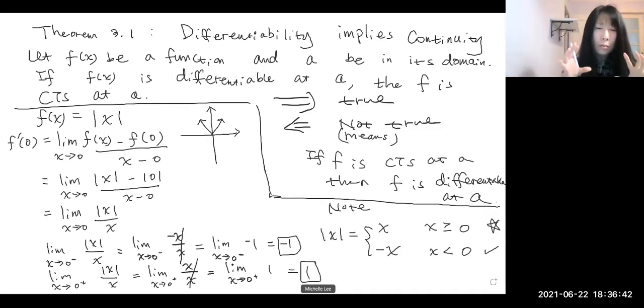So the limit must agree, right? From the left it is -1. Then we can say the limit exists when x approaches 0 of absolute value of x over x equals 1 or -1, right? But the numbers do not match. The number does not agree from left to right, right? So the limit does not exist.